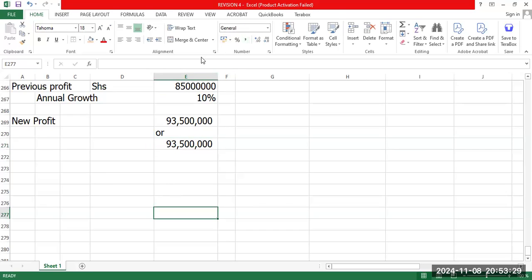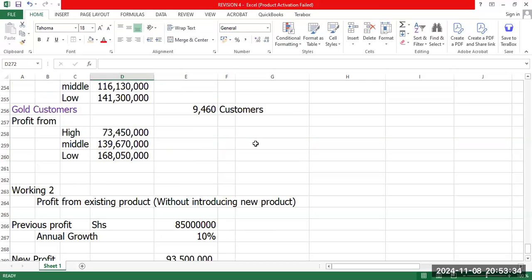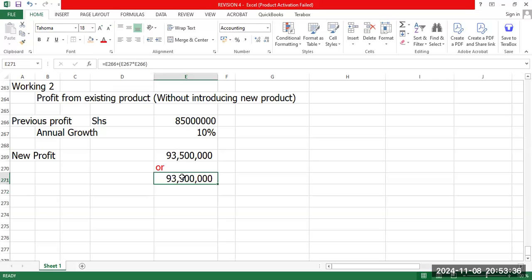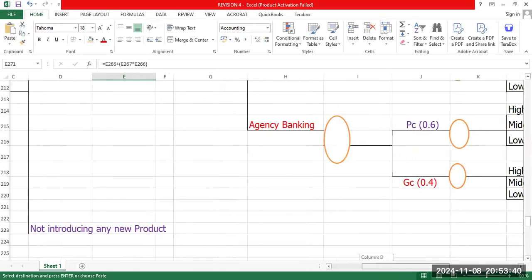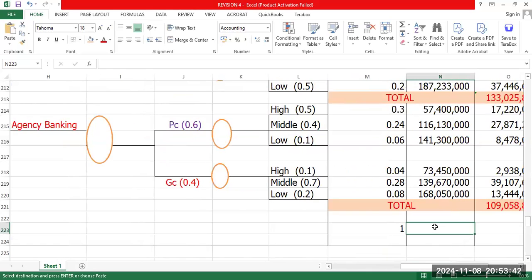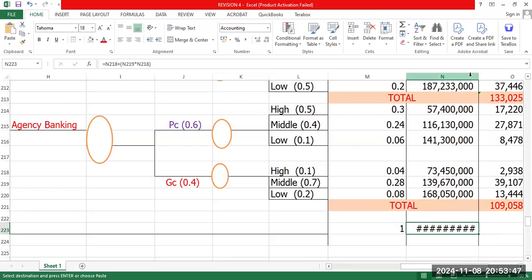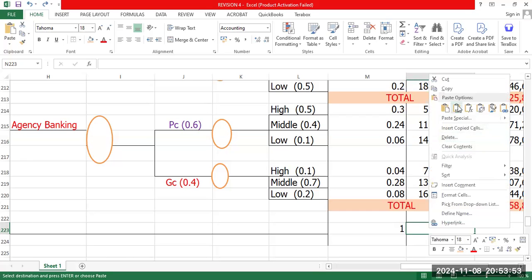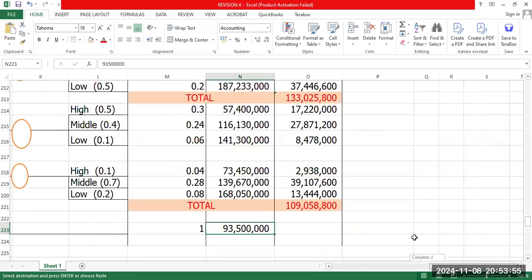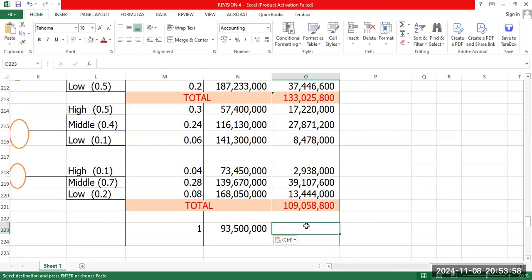So it depends on what you want. So that is your new profit, which if you don't introduce, that will be your profit. Yeah, it's supposed to be this. And the expected profit will remain like this.